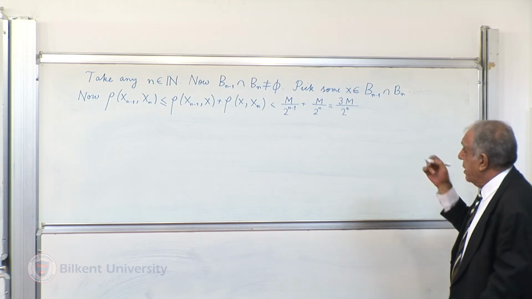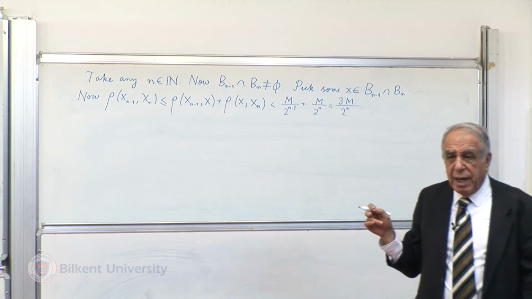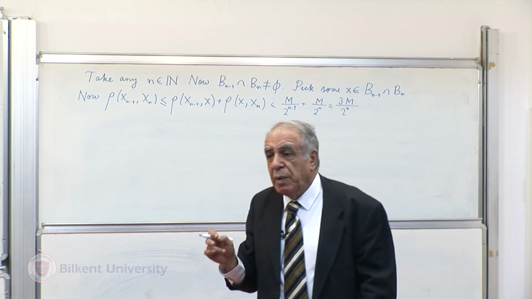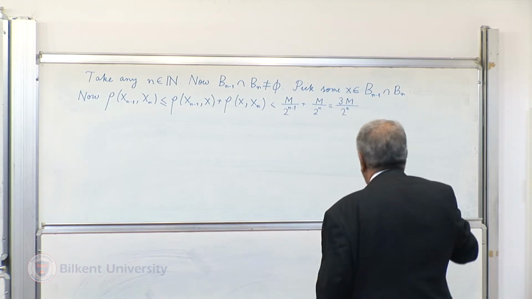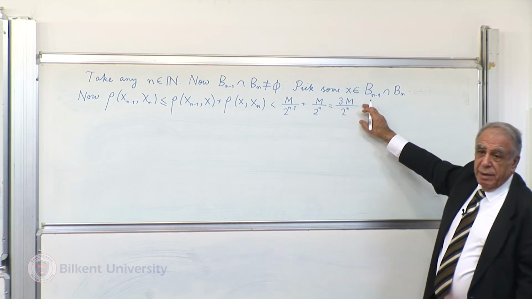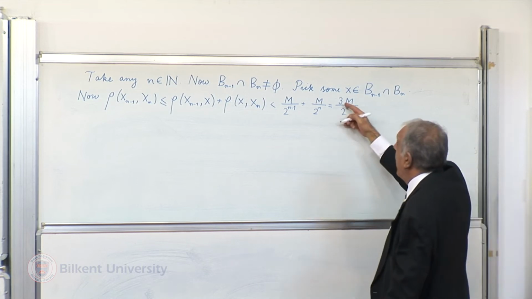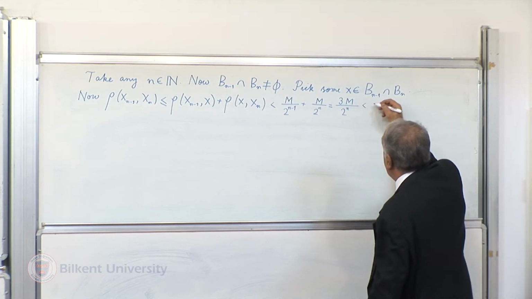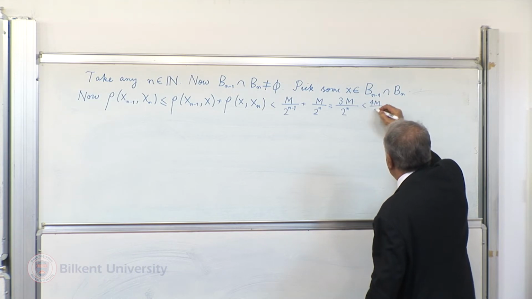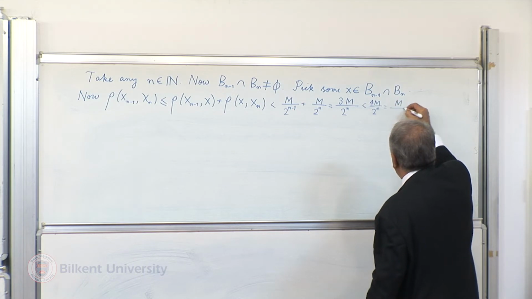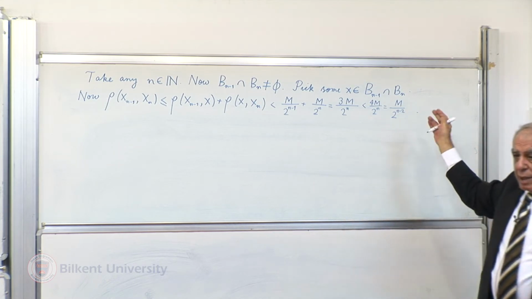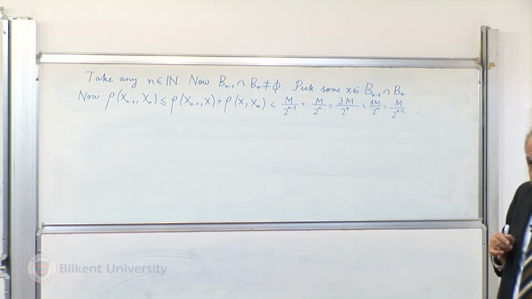I can keep this as it is, but I can simplify it as well, because the only thing which will matter is that this quantity will tend to 0 as n tends to infinity. So I can replace this by 4m divided by 2 to the power n, but that's just m over 2 to the power n minus 2, which again will converge to 0 as n tends to infinity.